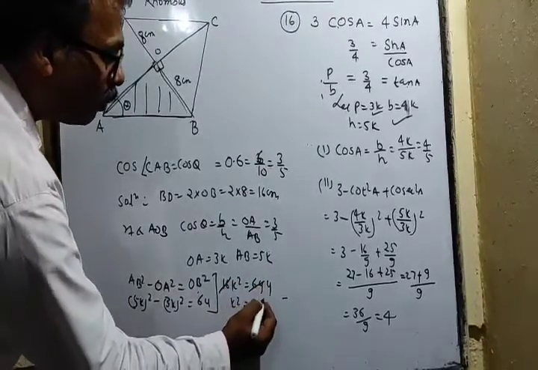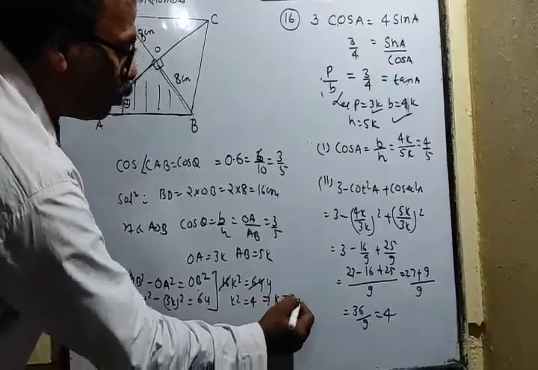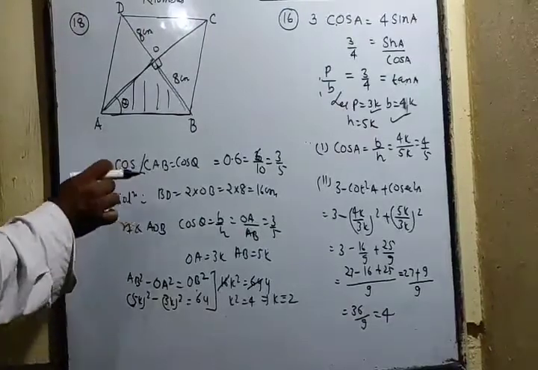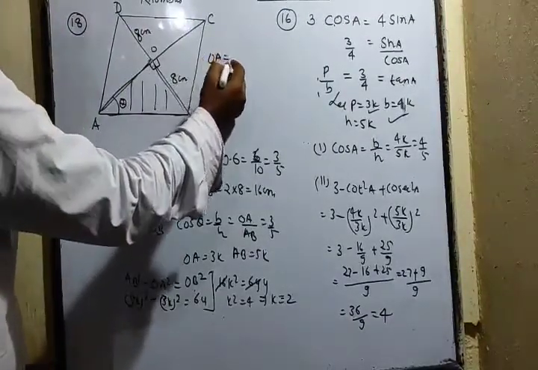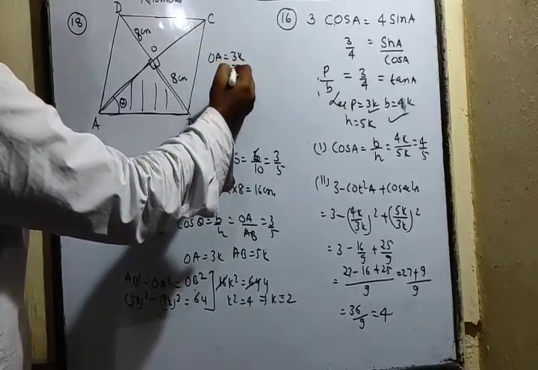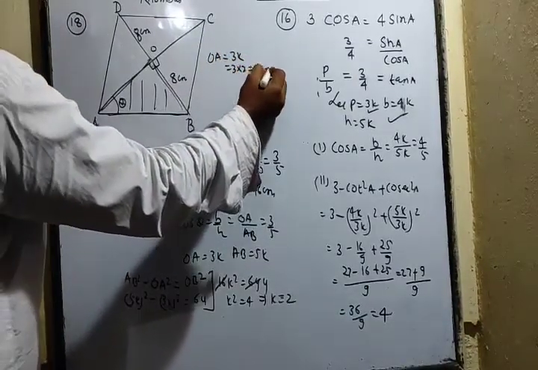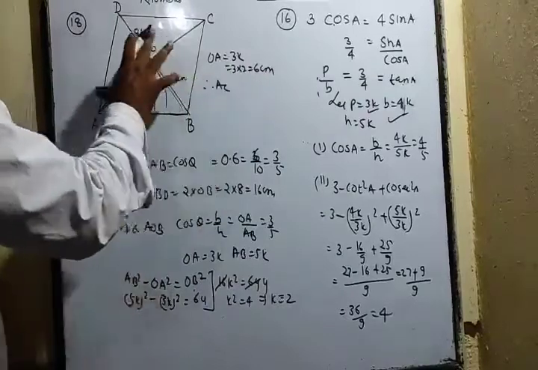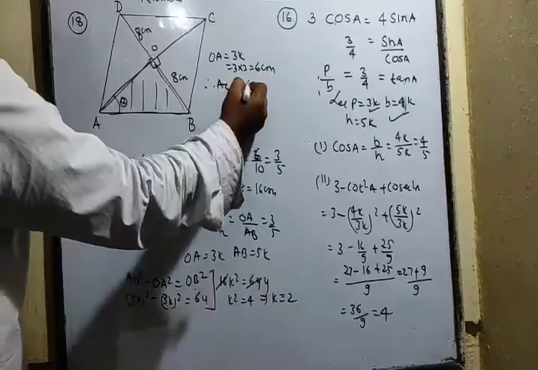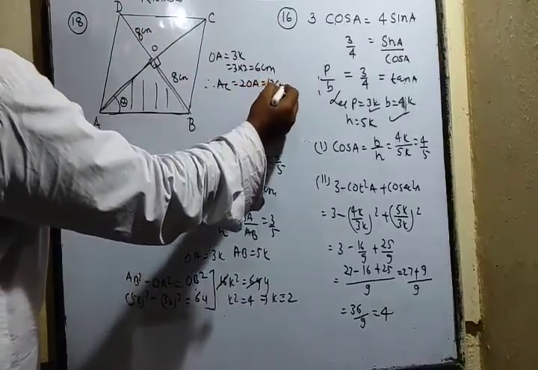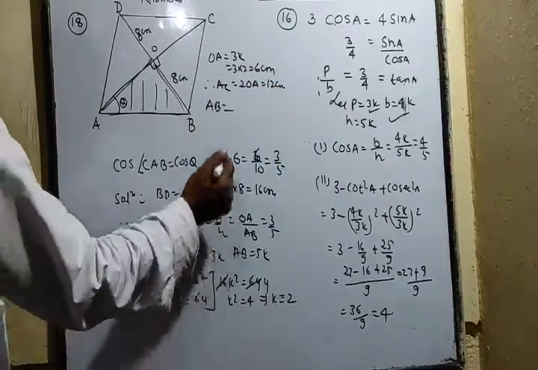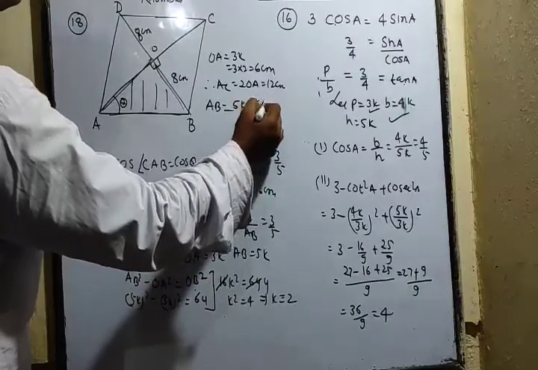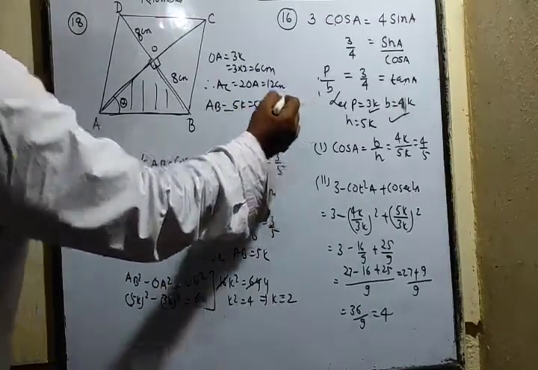K square is equal to 4. K will come out as 2. So length of this OA is how much? 3K. It will be 3 into 2, that is equal to 6 centimeter. Hence length of diagonal AC will be twice of that. Twice of OA will be 12 centimeter. And side length AB is equal to how much? 5K we have considered. So it will be 5 into 2, that is equal to 10 centimeter.